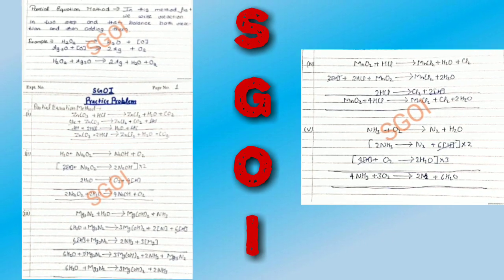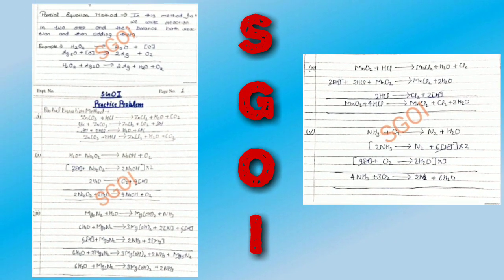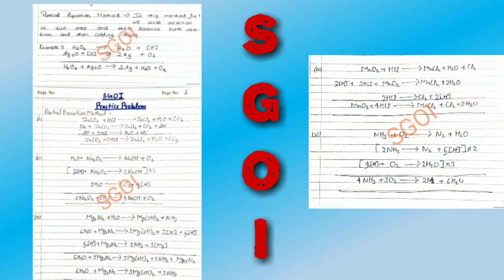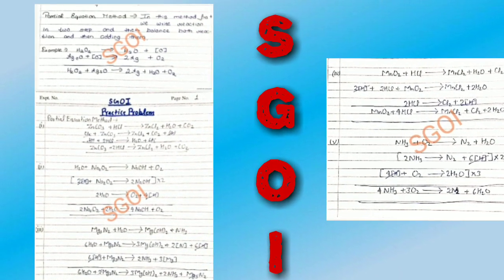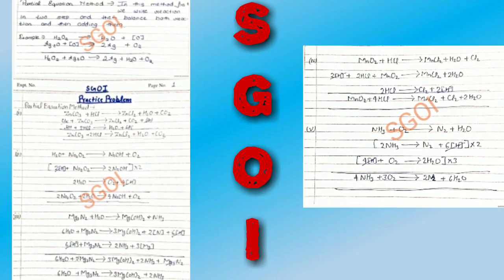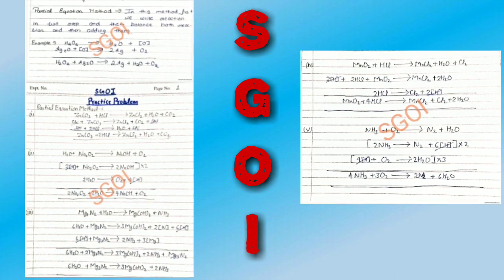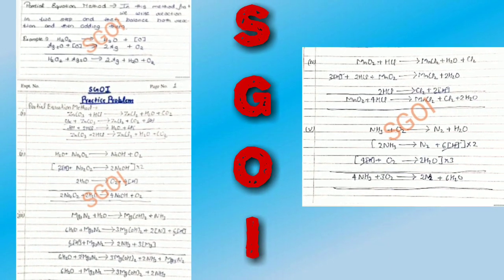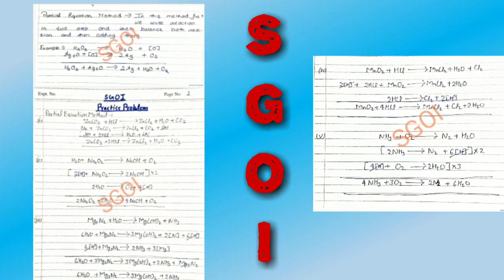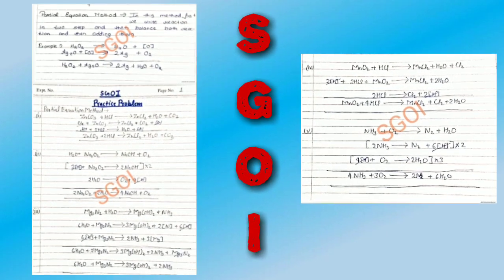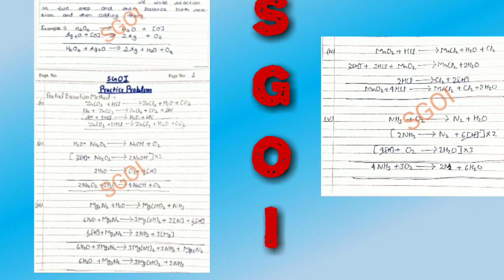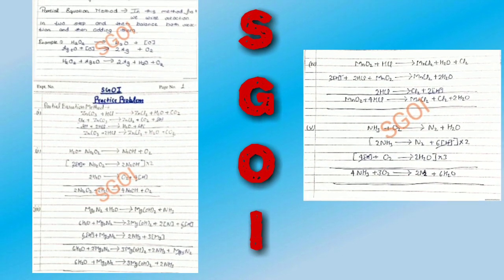These two half reactions are individually balanced by different compounds, and we add these two half reactions so that nascent hydrogen is cancelled out. The final reaction is Mg3N2 plus 6H2O gives 3Mg(OH)2 plus 2NH3. That is the complete balanced reaction.